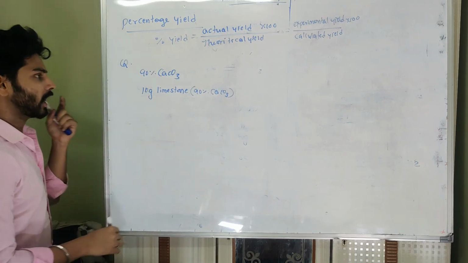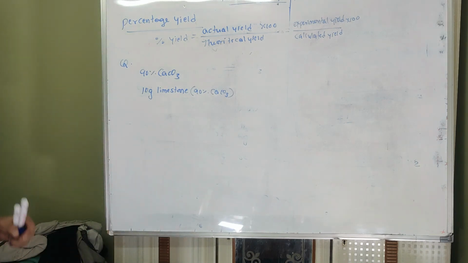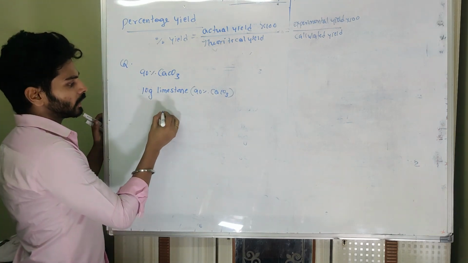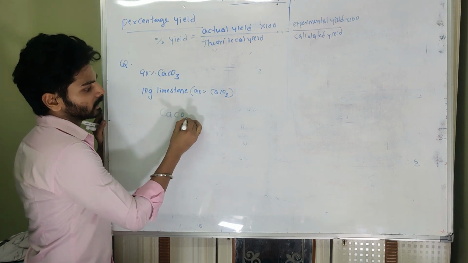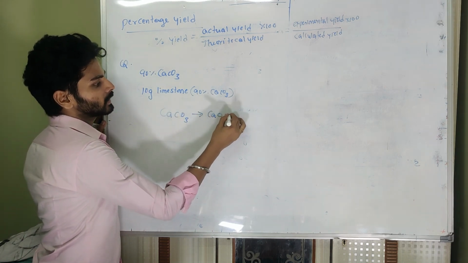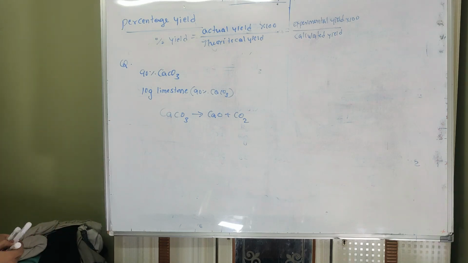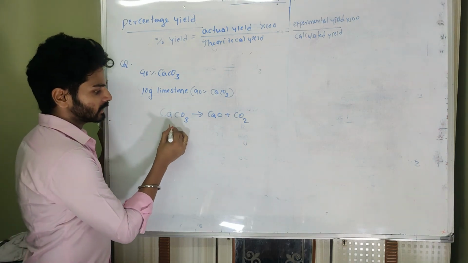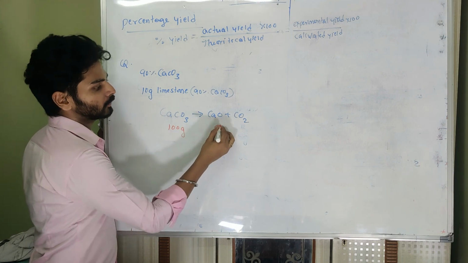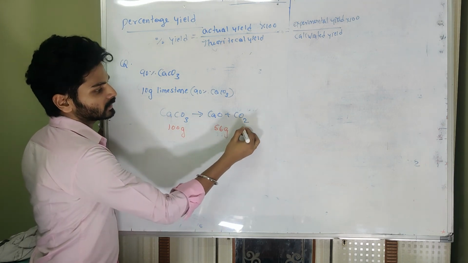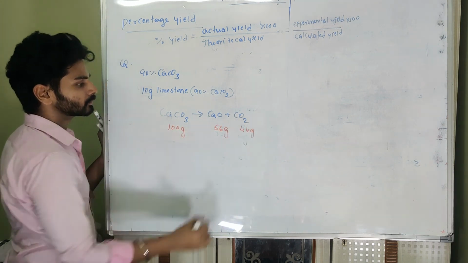So we are asked to calculate calcium oxide formation. If you write the formula, CaCO3 gives us calcium oxide plus CO2. This is the reaction, and earlier we have seen that this is 100 gram, this is 56 gram and this is 44 grams.